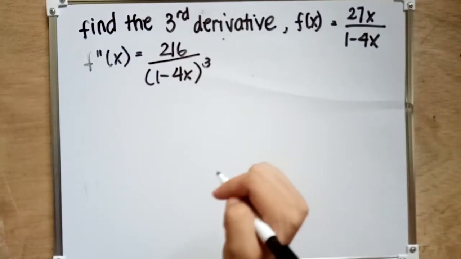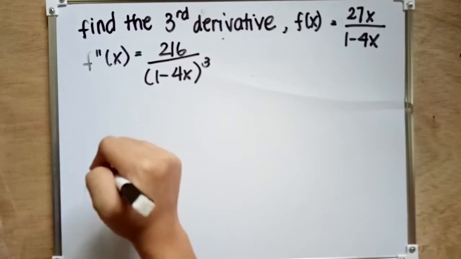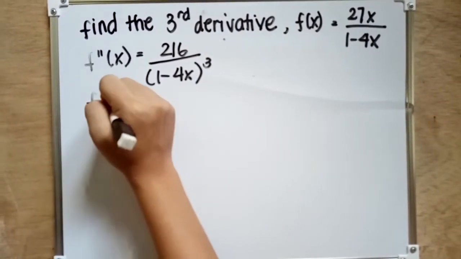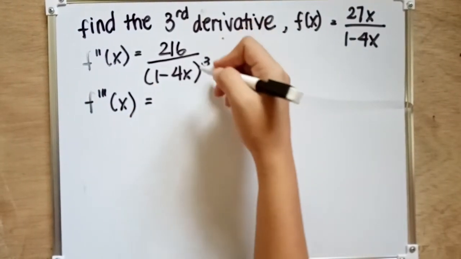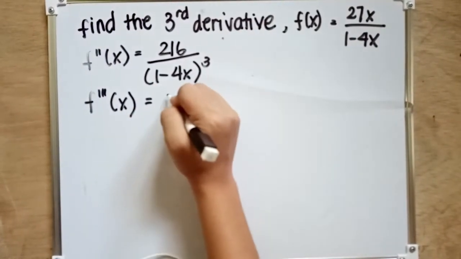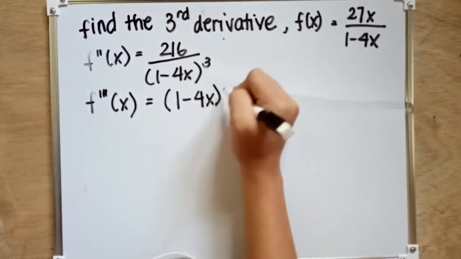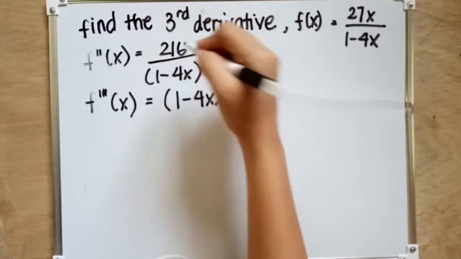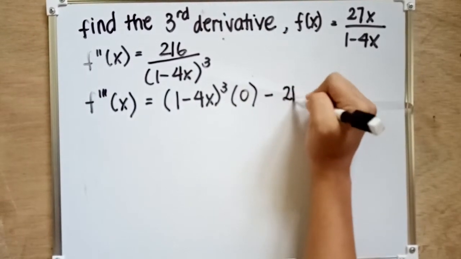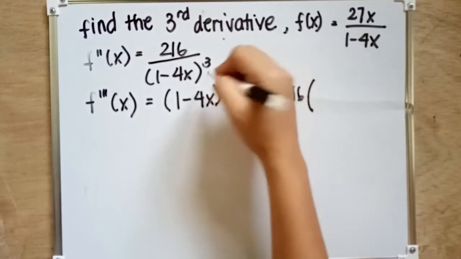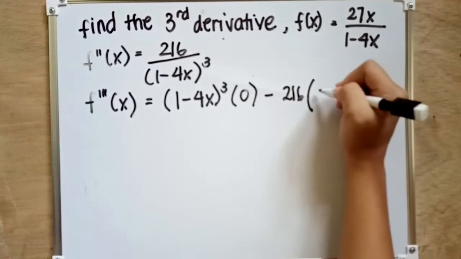Get the third derivative by differentiating the second derivative. F triple prime of x is equal to, apply the quotient rule, we get 1 minus 4x quantity cube times the derivative of 216 is 0 minus 216 times the derivative of the denominator. Apply the power rule.